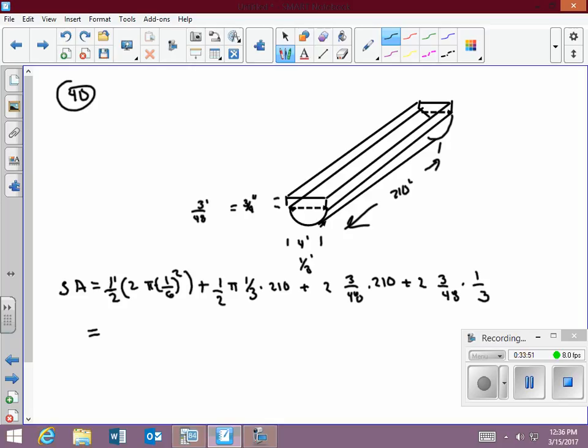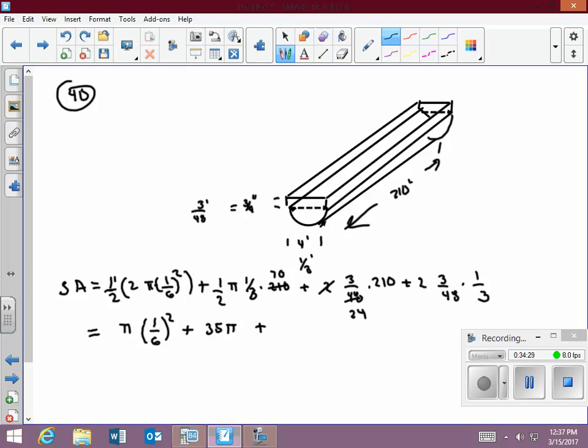These two cancel out, so this is pi times 1/6 squared plus, we can do some reducing there, right? This goes into there 70, the 2 goes into there 35. Pi plus 2 will go into here 24. 24 and 21. Any way to reduce that?